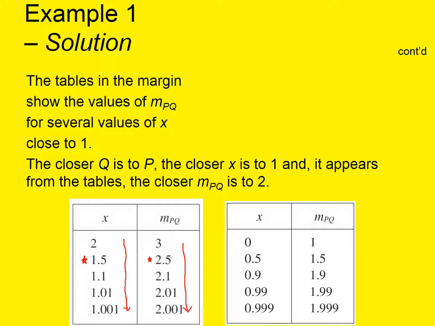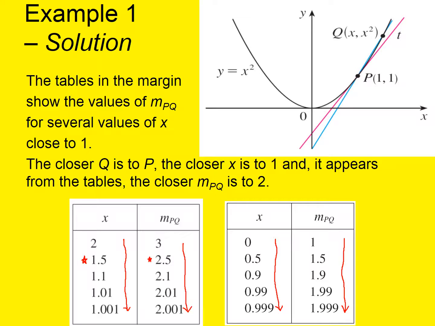Now that's for values of x greater than 1, and for values of x less than 1 and getting closer and closer to 1, the slopes again are becoming closer and closer to 2. Okay? So it looks like the slope of that pink line is going to be 2 just from the table.